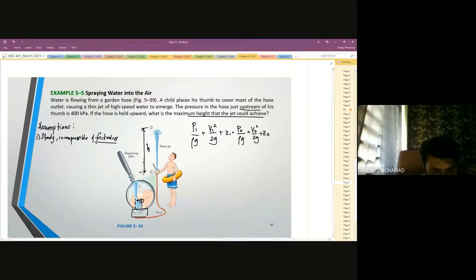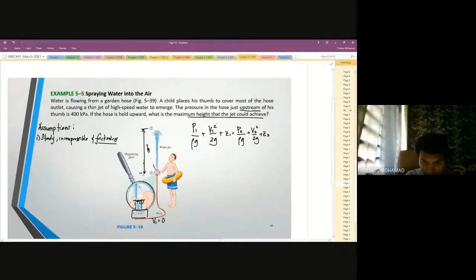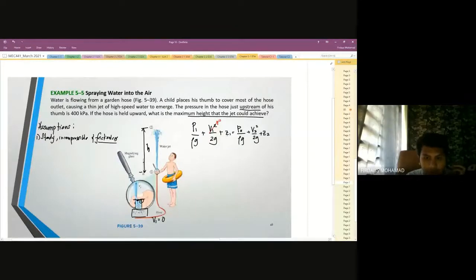So maknanya velocity dekat sini, we can assume velocity 1 equal to 0 ataupun kita boleh assume stagnant velocity kat bawah ni but very high pressure. So velocity 1 equal to 0. Okay, so Z1 ni elevation kita punya reference level.